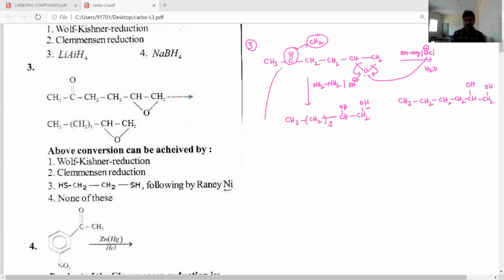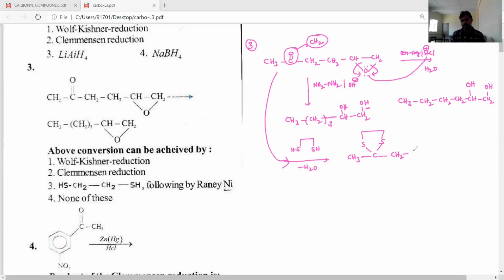But in the same way, without cleaving this ether linkage, first we have to treat this product with ethane dithiol, with loss of a water molecule. It will form like this: the C=O group will be protected by ethane dithiol.